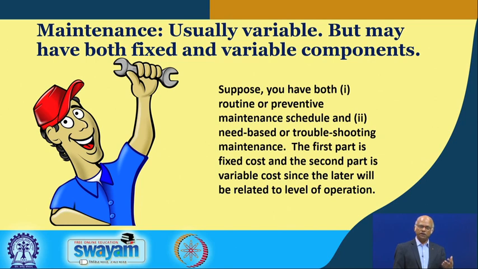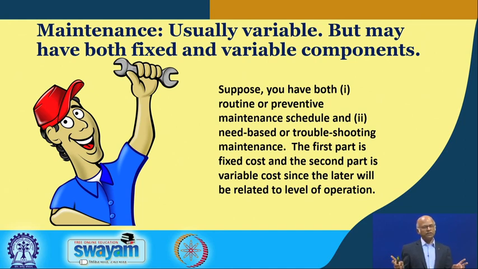It may have a fixed component, unless you are very particular about dividing them into fixed and variable. You can consider that as variable, because in an industrial scenario, if there is no production, the company will be almost shut. It will be just lighting the exterior, that is hardly anything.